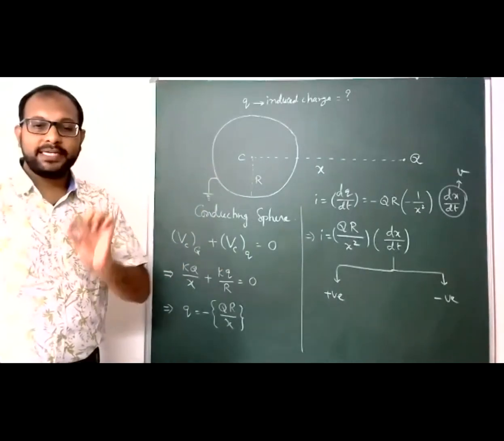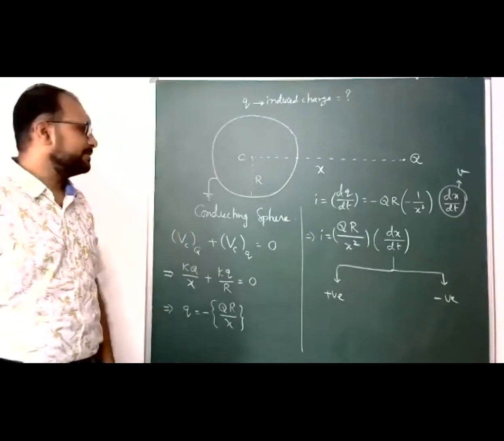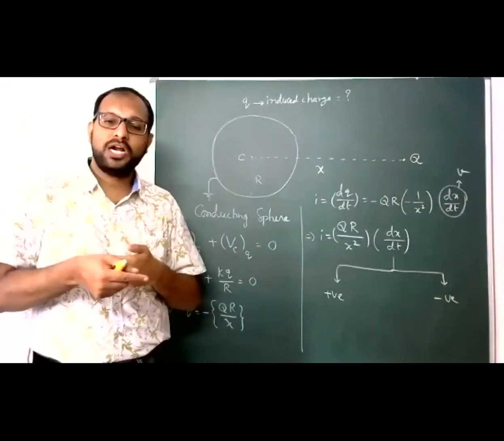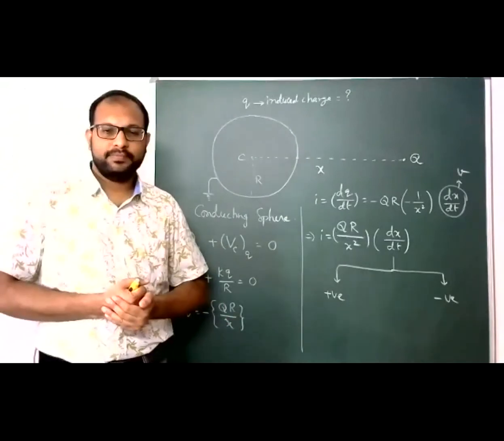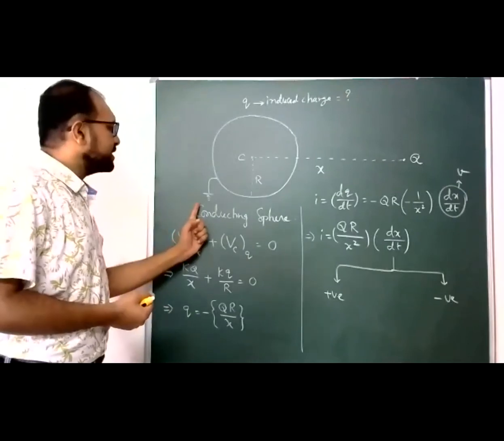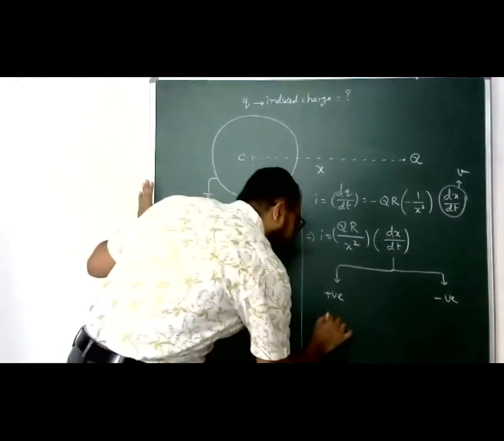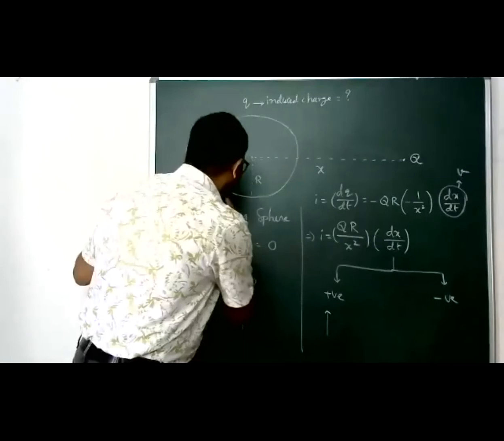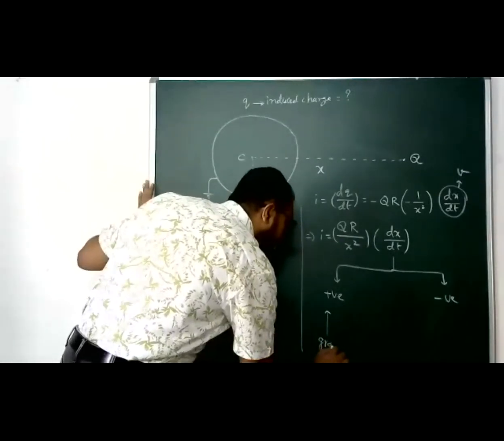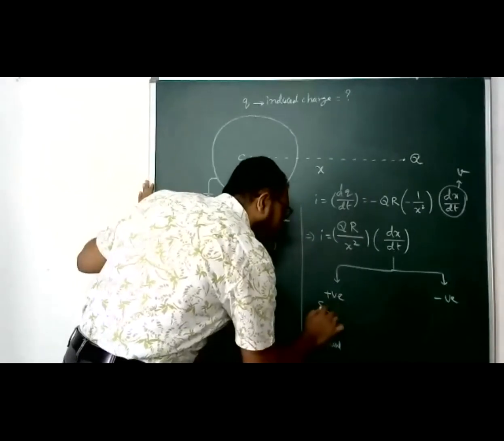The direction of motion of positive charge is the current. So here the current is from ground to sphere.